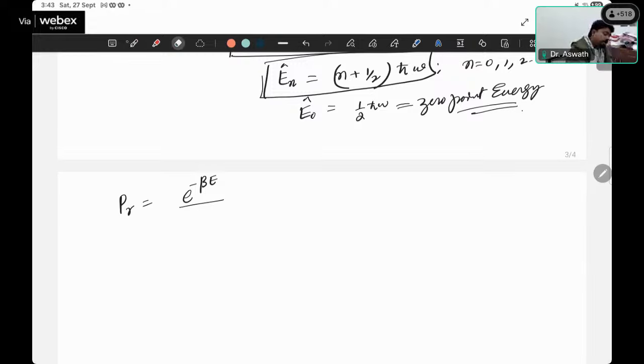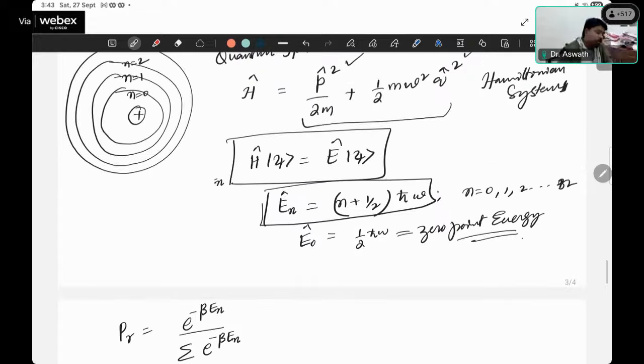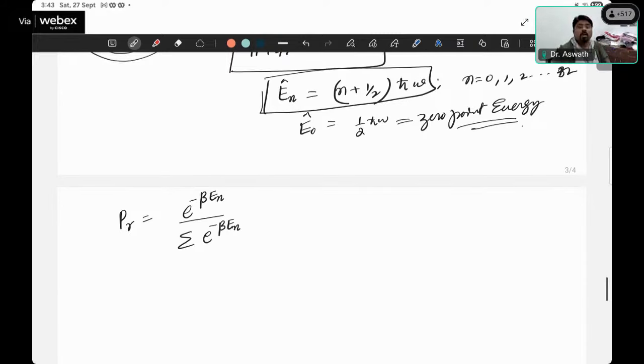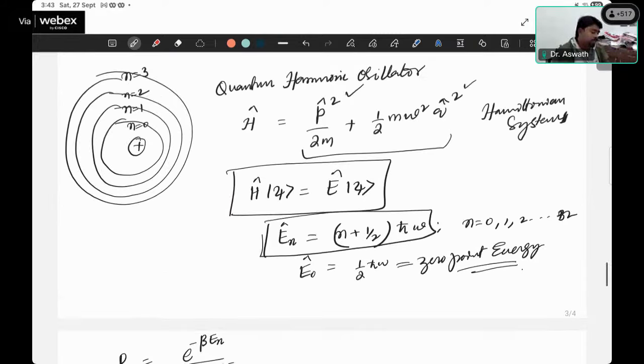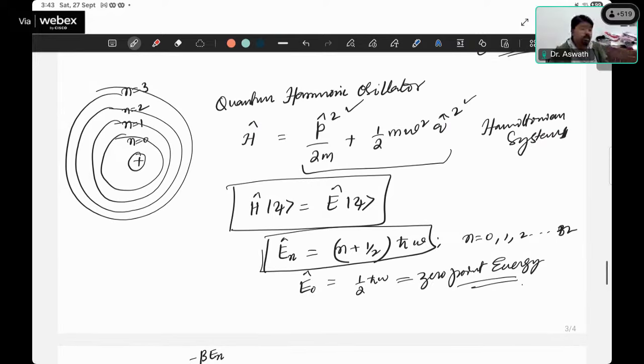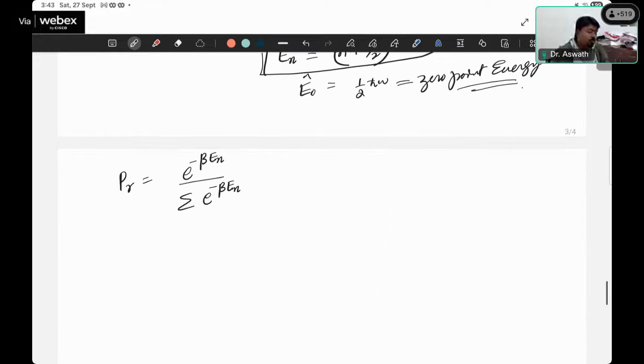I have to use a summation over energy times exponential minus beta En, where n runs over different systems. Please don't get confused. You can also think that there is one atom where the electron is in a particular orbit n, and another atom where the electron is in another orbit n. So for every corresponding n, there is an energy contribution coming from there.